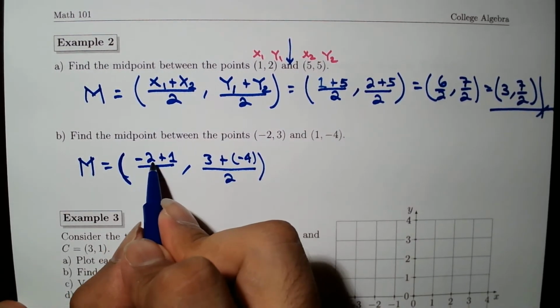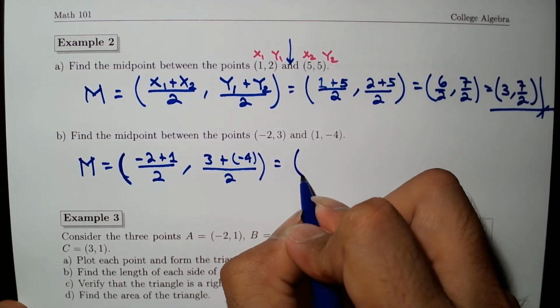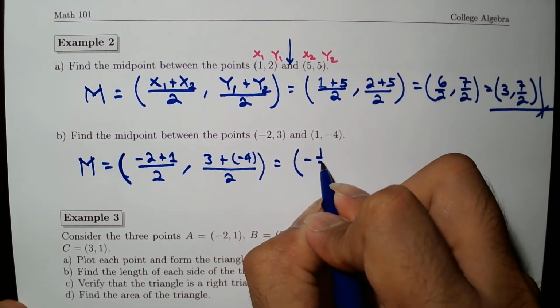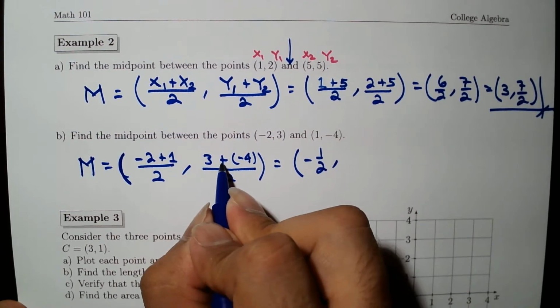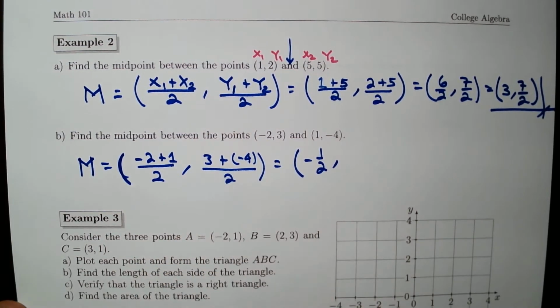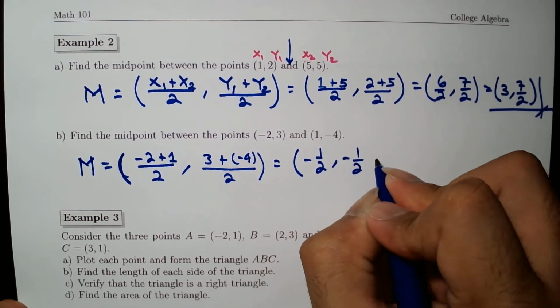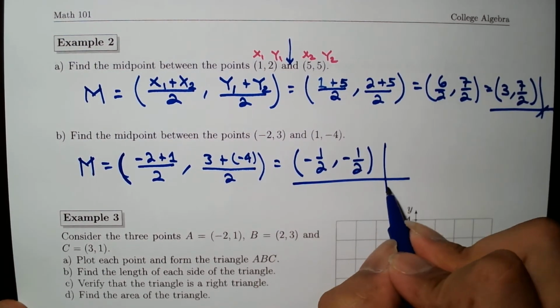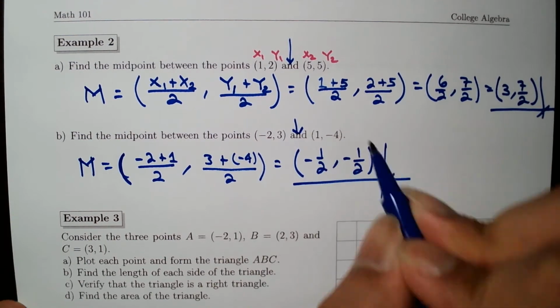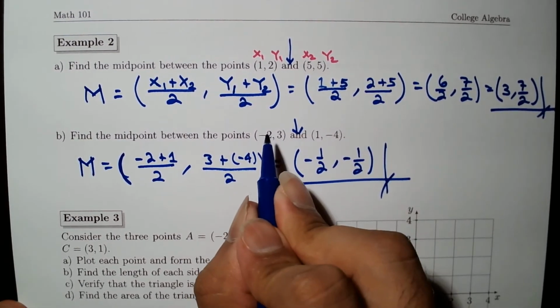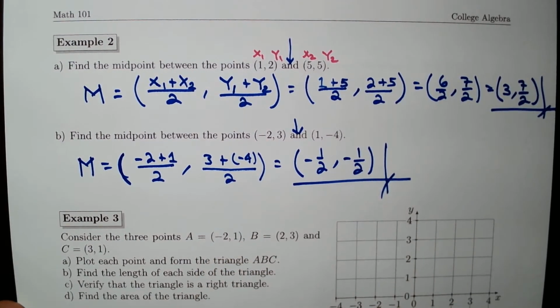So negative 2 plus 1 gives us negative 1 half, comma, 3 plus negative 4, that's the same as subtracting 3 minus 4, that's also negative 1 half, which is the midpoint, the point that lies exactly in between these two given points.